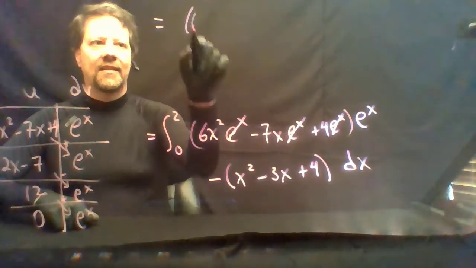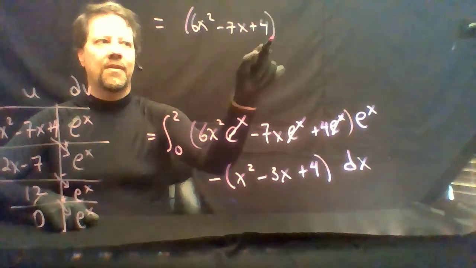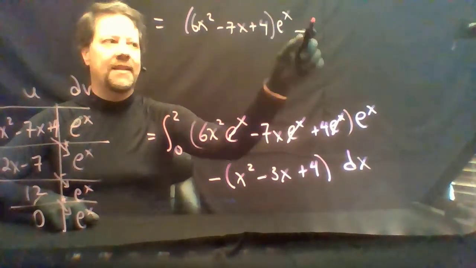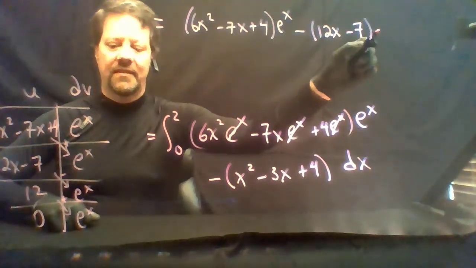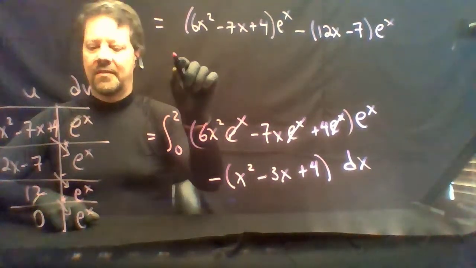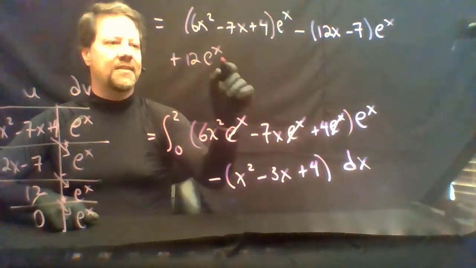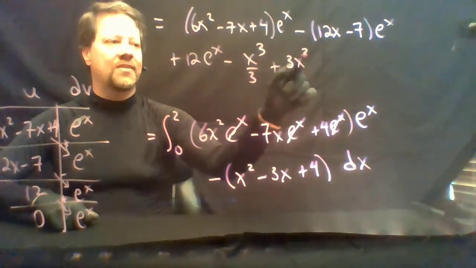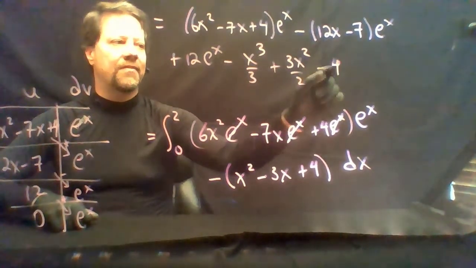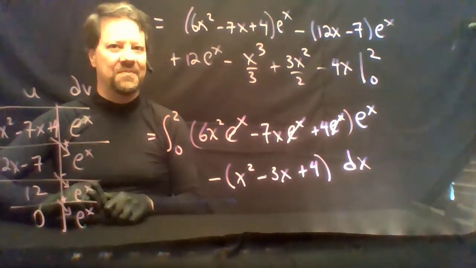We're getting 6x squared minus 7x plus 4 e to the x minus 12x minus 7 e to the x plus 12 e to the x, and then minus x cubed over 3 plus 3x squared over 2 minus 4x, all evaluated from 0 to 2.